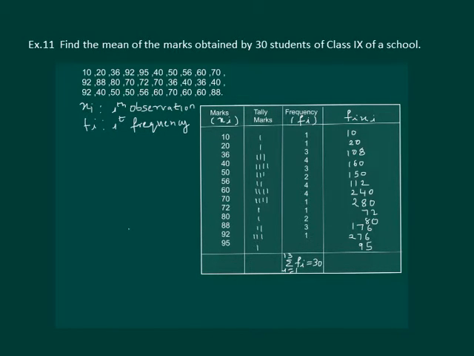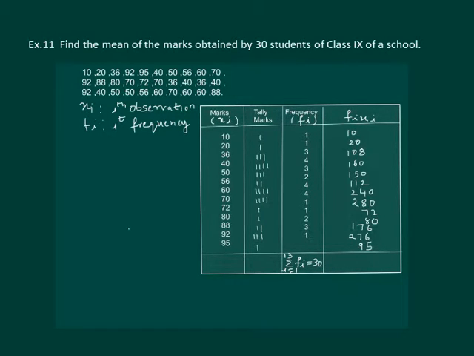You must be wondering why we have written i varying from 1 to 13. We see that there are 13 entries: 1, 2, 3, 4, 5, 6, 7, 8, 9, 10, 11, 12, 13. So i is varying from 1 to 13. Fi means f1 plus f2 plus f3 plus f4 plus f5 and so on till f13, and the sum of this complete column is 30.